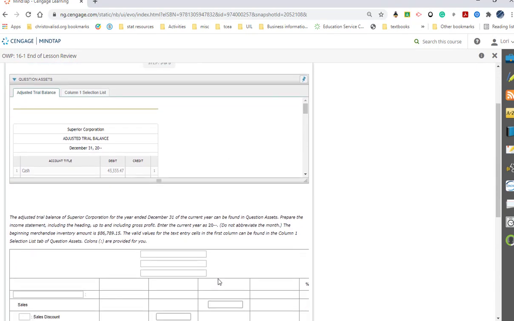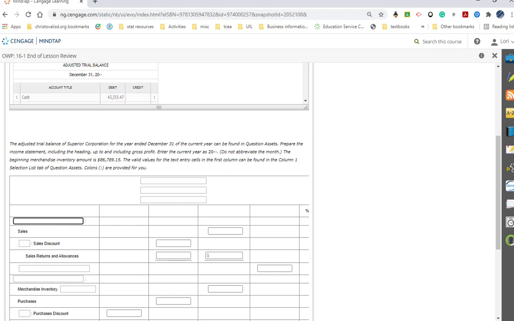And so now we're going to be determining our gross profit. This is where we're going to fill in, and we're going to start filling in your chart. We're going to start off with the information for the company. It's Superior Corporation.